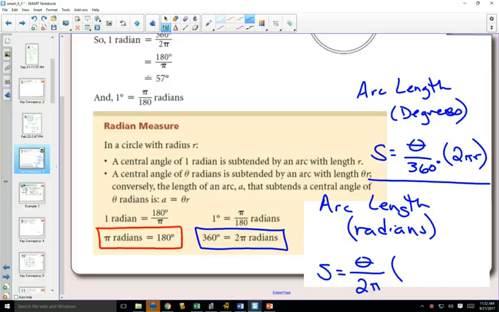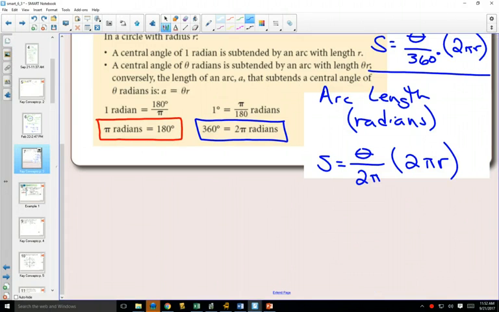And then multiply that by your entire circumference. Because it's so easy to see that this and this would simplify, this one is on your formula sheet, and it looks just like that. It becomes a really simple formula.